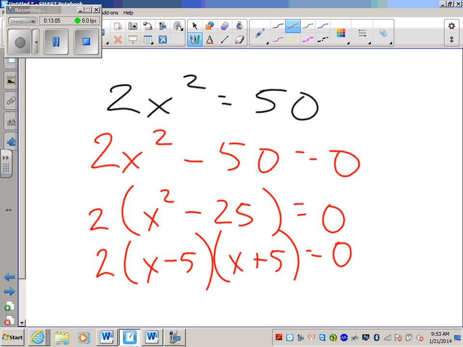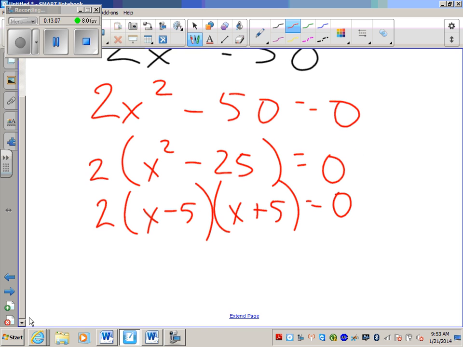Okay, so my solution, I don't have any variable out here, so it doesn't really matter. I'm not finding a solution for out here. There's no x with it, so I'm working with these. X equals 5 and negative 5.